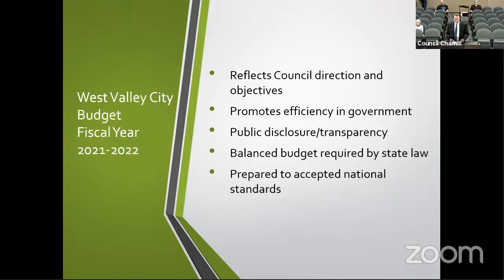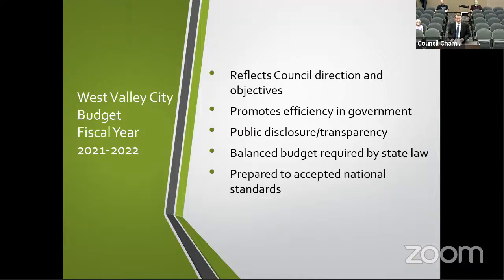It promotes efficiency in government, just like a household budget might, where we balance the income and the revenues with the available resources that we have. It's also designed to be a document of public disclosure and transparency, where we will actually have this budget posted on our website. It'll be at the recorder's office so that anybody can always access that budget and look at what's being spent on the various funds and the various line items within that budget.